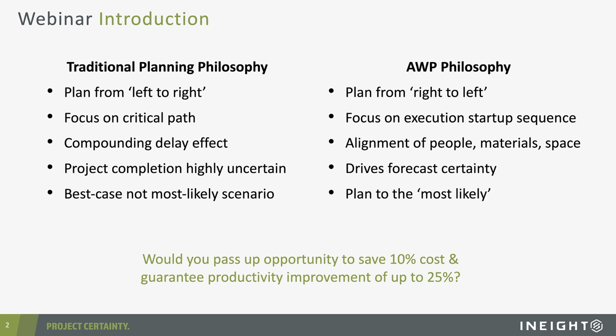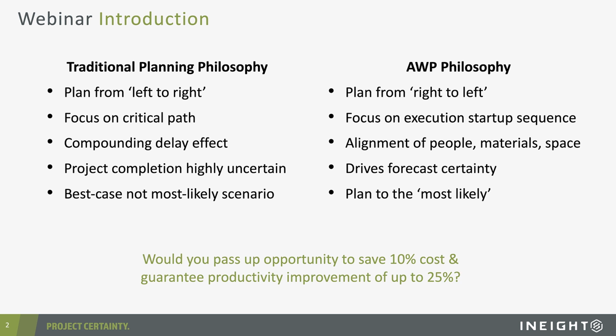Now, while I think that is certainly a sound means of planning, one of the massive downfalls is that on that critical path, moving from left to right, if we have delay starting in the very early phases of the project, let's take our engineering scope, we have a one-for-one delay knock-on effect. So, yes, planning from left to right is effective, but the project then becomes very prone to compounding delays along that critical path. And so the net of that is that our project completion milestone becomes highly uncertain.